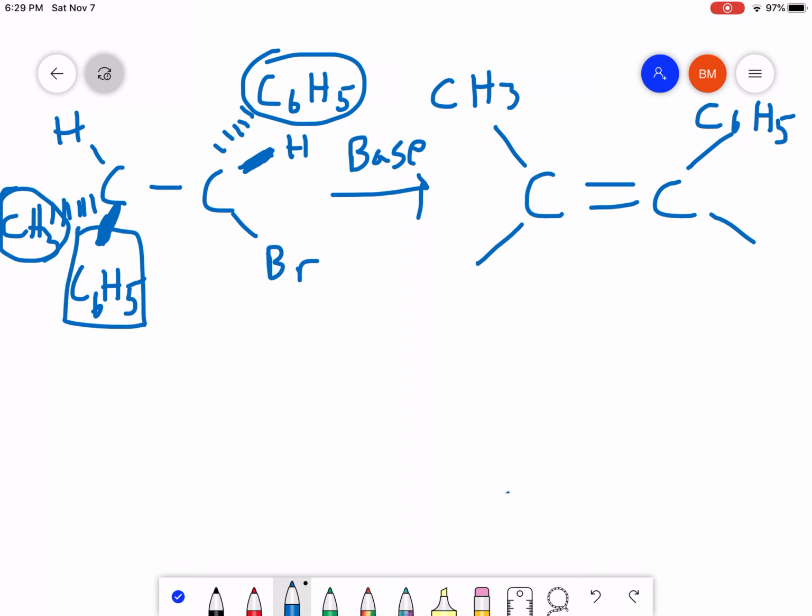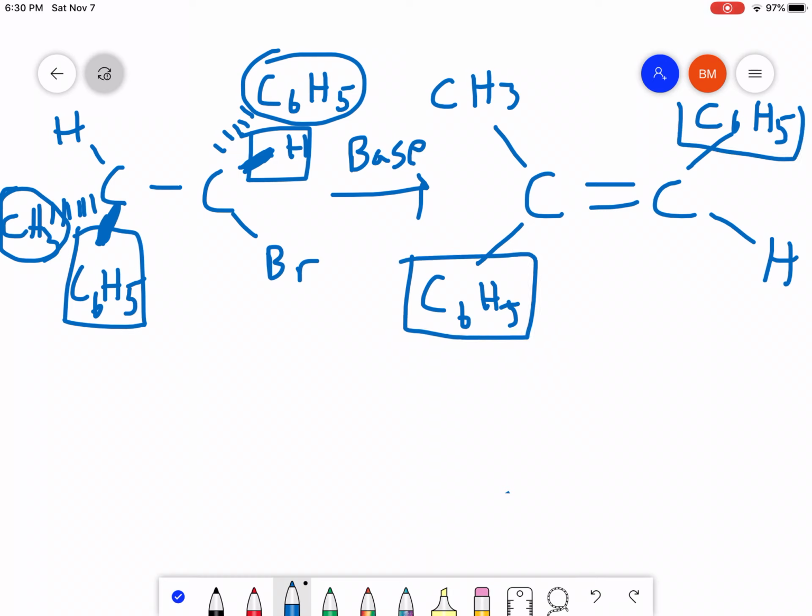This C6H5 and this hydrogen, they're both on wedges, so they are also on the same side. Okay? And if you look at these, the high priority groups are this one and this one. All right? They're on opposite sides of a tri-substituted alkene. This is going to be in E arrangement.